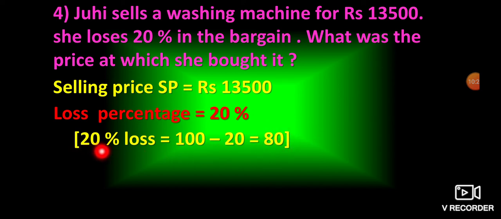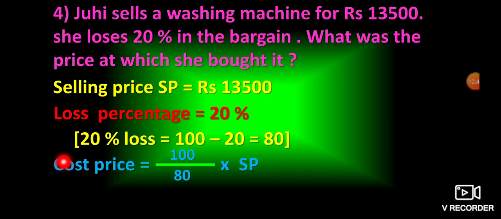If there is 30 percentage, we have to write 100 minus 30 equal to 70, like that. Then next step is cost price equal to, this equation you study very well, cost price equal to 100 by 80 into SP. This is for finding cost price when loss percentage is given.